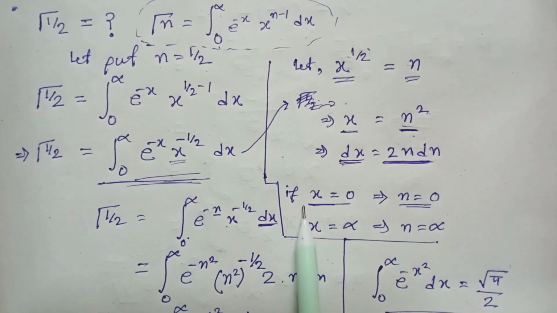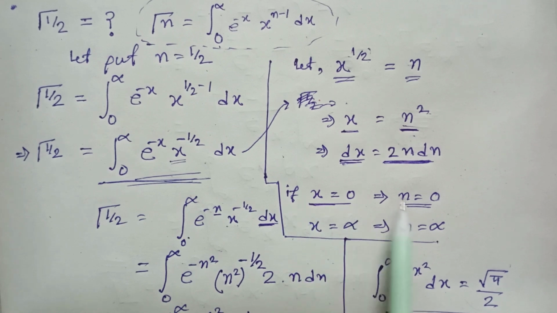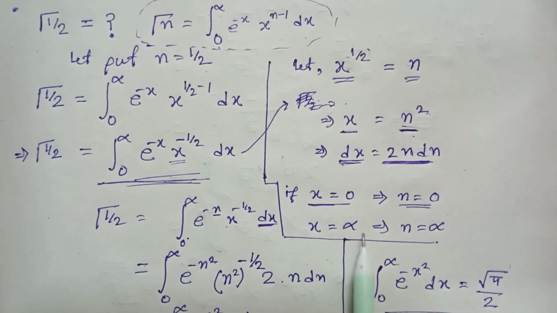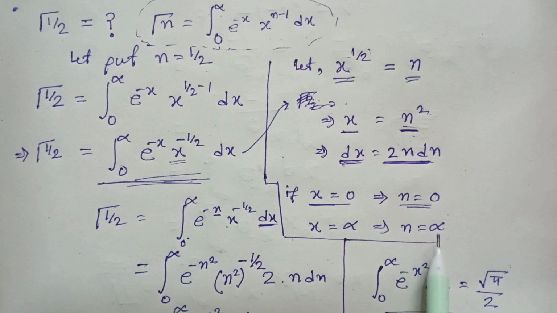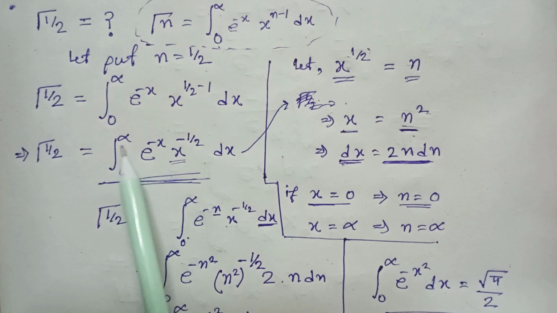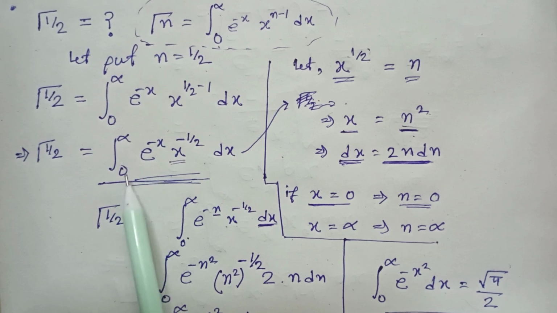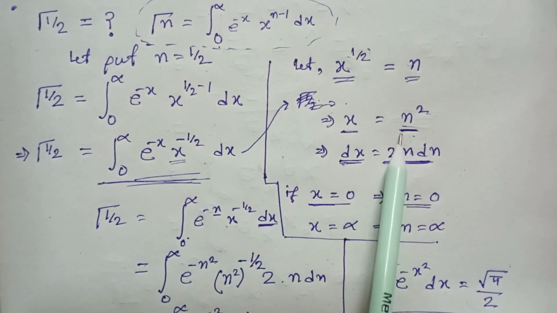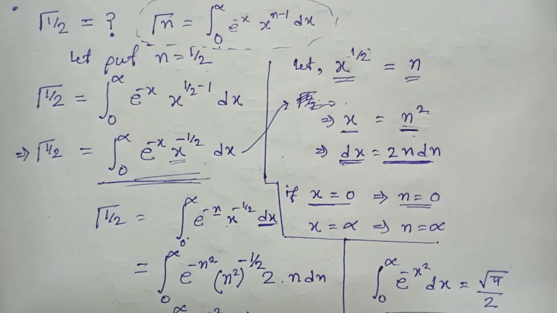One more thing to notice: if x equals 0, then n also equals 0, and if x equals infinity, then n also equals infinity. So the limits of integration will be the same, 0 to infinity. After substituting x with n square, we get this.